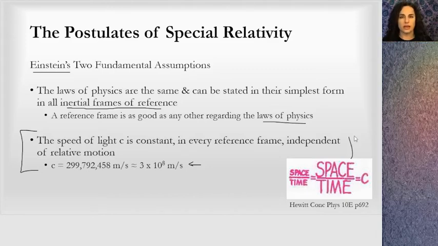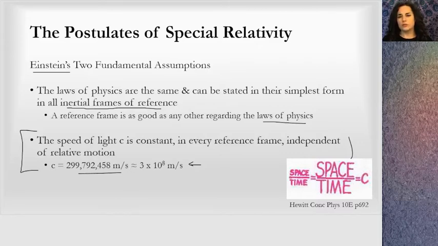Like they would get this extra boost of velocity because the source that they were emitted from was also moving. But it turns out the speed of light is c no matter what reference frame you measure it in. It's always this value. So if I see light in one reference frame, I'll measure it as c. If I see light in my reference frame, I'll measure it as c. Light will always have the same value no matter what reference frame.